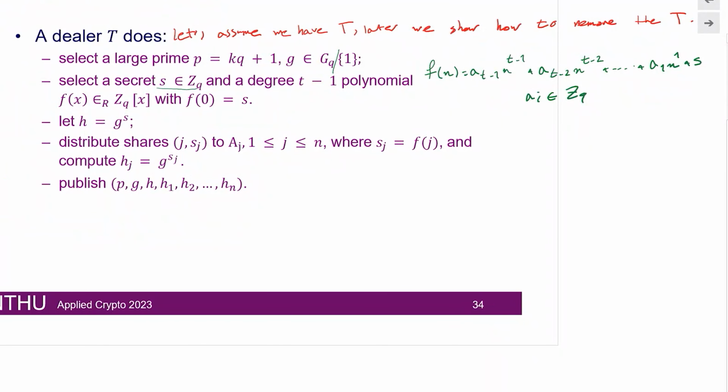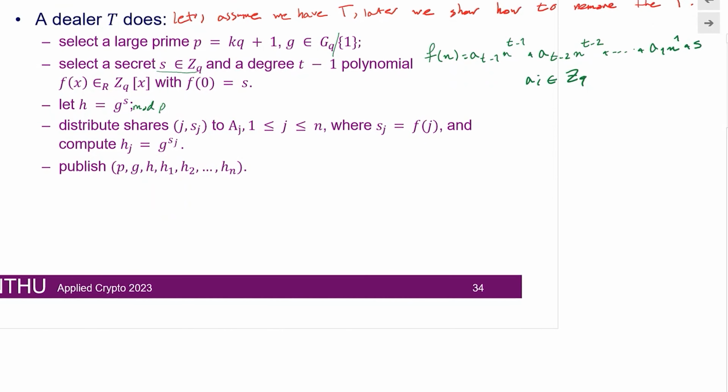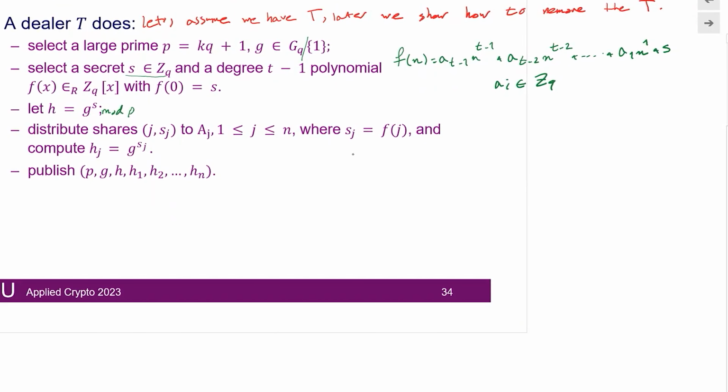He lets h equal g to the s mod p, of course. All this computation is mod p. And then we distribute the shares among the end users. So for example, for authority number 2, we are going to give him a piece of this share, which is a point, 2 and f of 2, which is going to be his share.